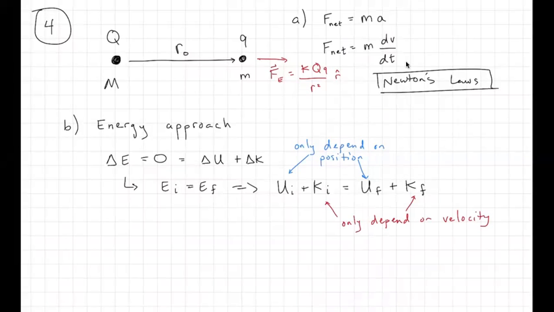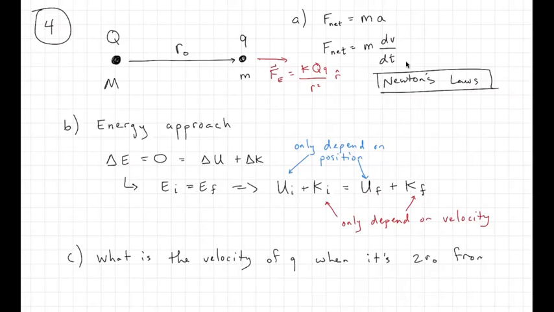Because part C of this problem asks us, what is the velocity of little q when it's 2r0 from big Q? So let's try that with an energy approach.